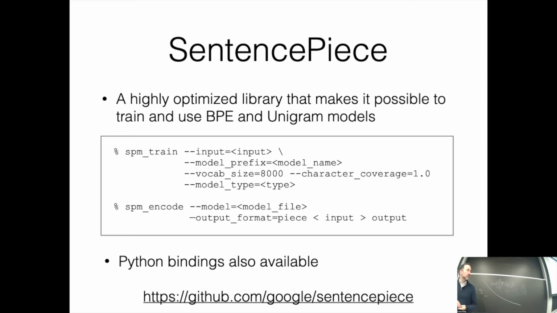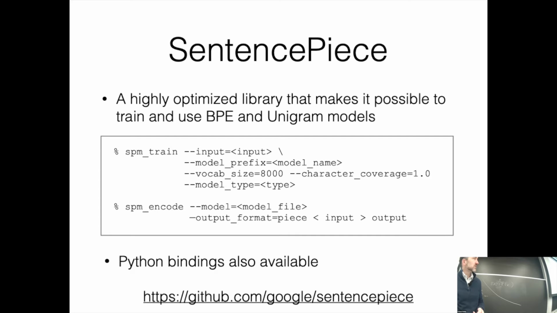The one important thing about this is that there's a library called SentencePiece that's used very widely in order to build these subword units. Basically, you run the sentencepiece train program, and you select your vocab size.